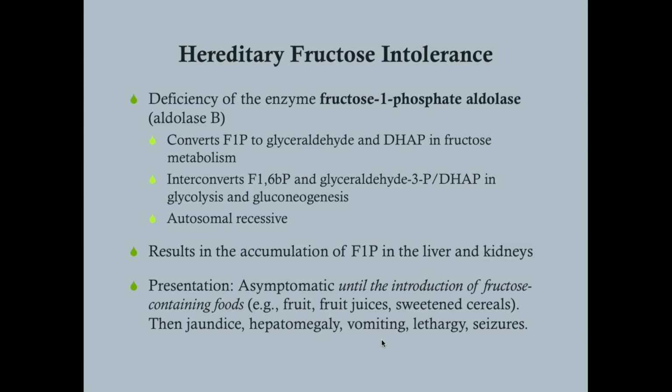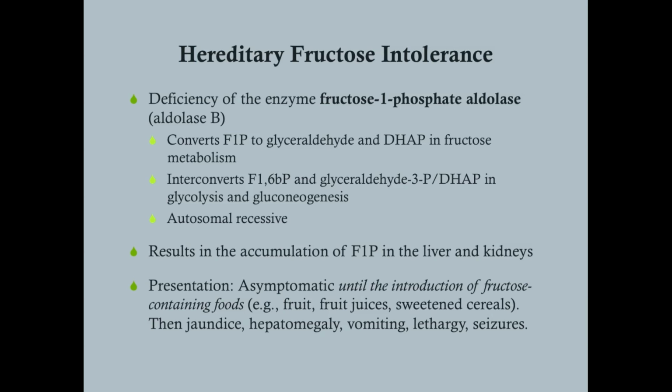Why do they get hypoglycemia? It just has to do with enzymatic issues. The fructose 1-phosphate that accumulates, since the body thinks that that's a product of sugar metabolism, is going to think that there's plenty of sugar, and so it's going to stop the process of gluconeogenesis because it thinks we already have enough sugar. There's all this fructose 1-phosphate. Why make more sugar?